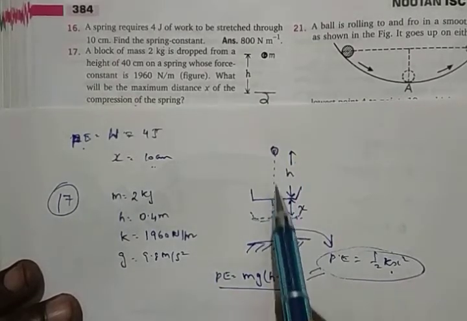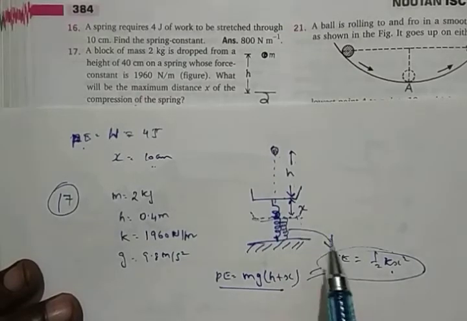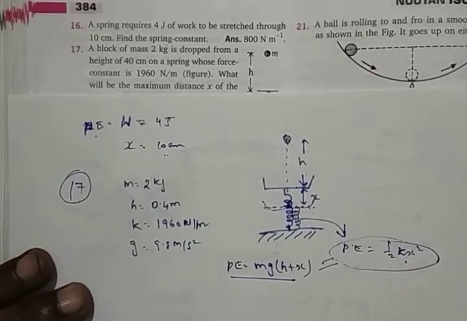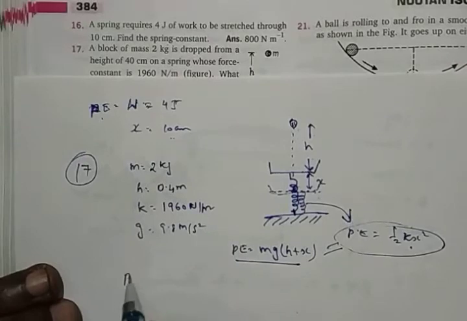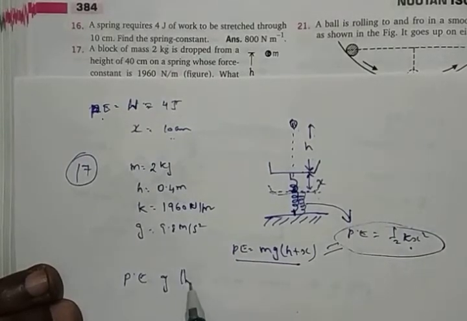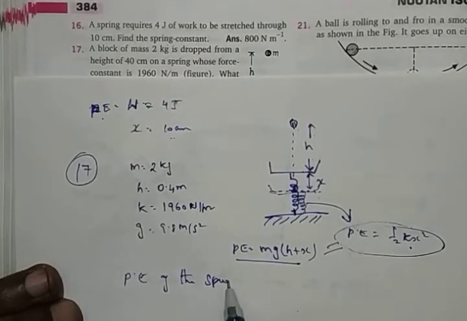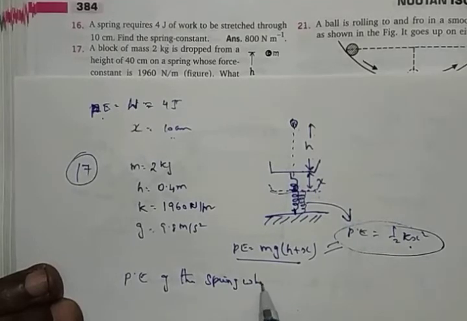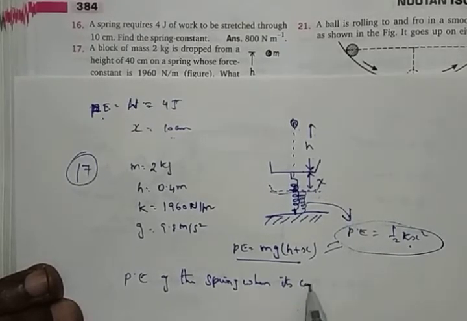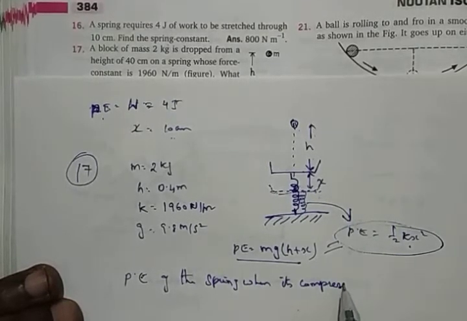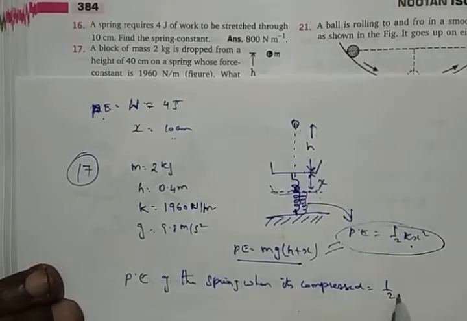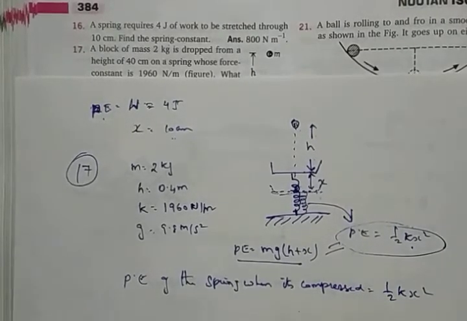It is just not mgh. Please don't consider only mgh. You need to put mg into h plus x. That's very, very important. So you can write down the potential energy of the spring when it's compressed, half kx square.